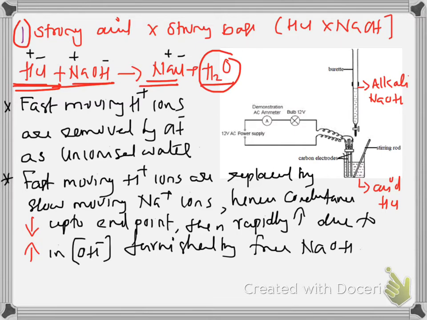Normally, we have a conductivity cell in which we take the HCl solution, the acid solution. This acid solution is titrated against NaOH, a strong alkali, from a burette.